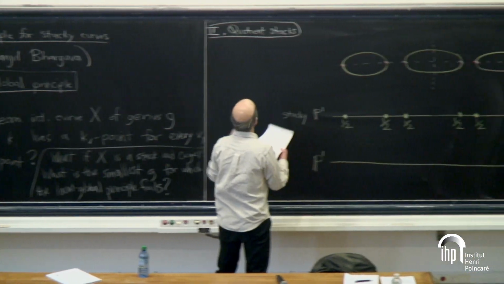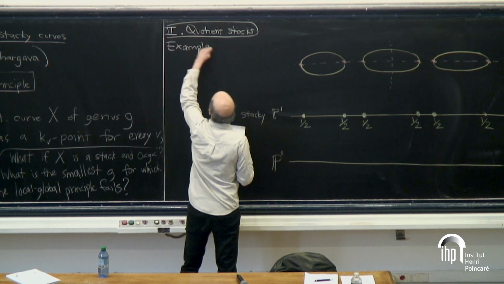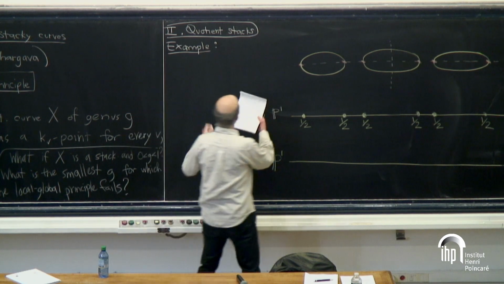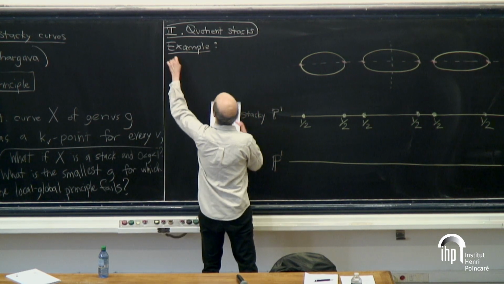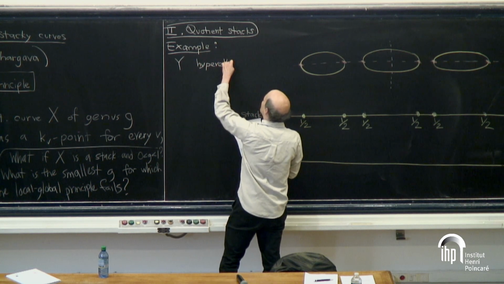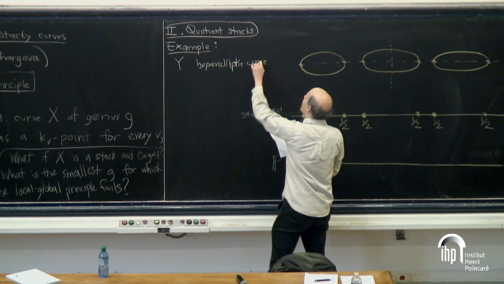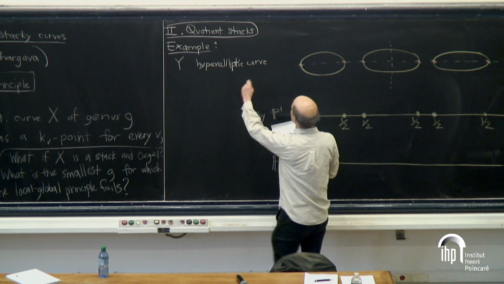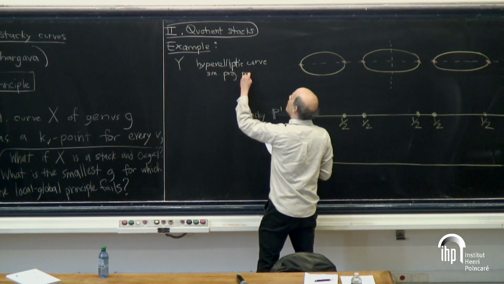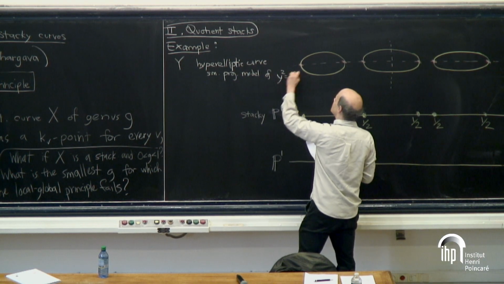As an example, for which I conveniently have a picture right here, I start with a hyperelliptic curve y, the smooth projective model of some equation y squared equals f of x.